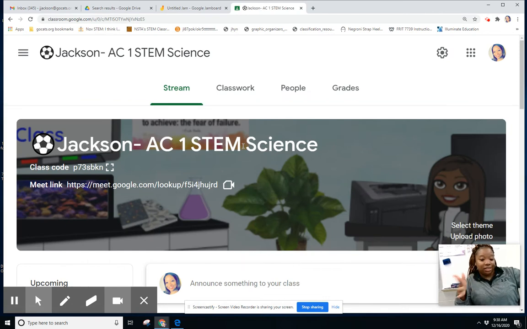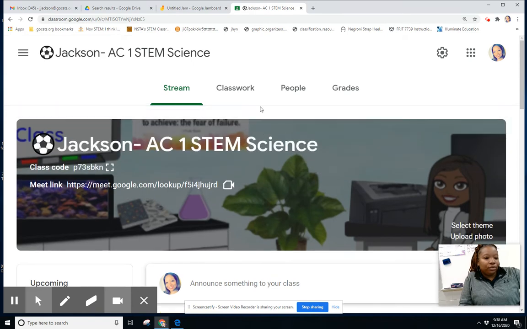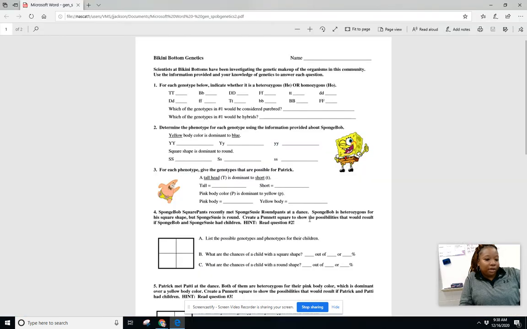Everybody's academic has the same work in it. So what we're going to do today is go over what's going to be posted for you. Today you're going to have an assignment that's posted. It's going to be this handout right here. We're going to go over some stuff in our notes so that you can be prepared for this particular assignment.